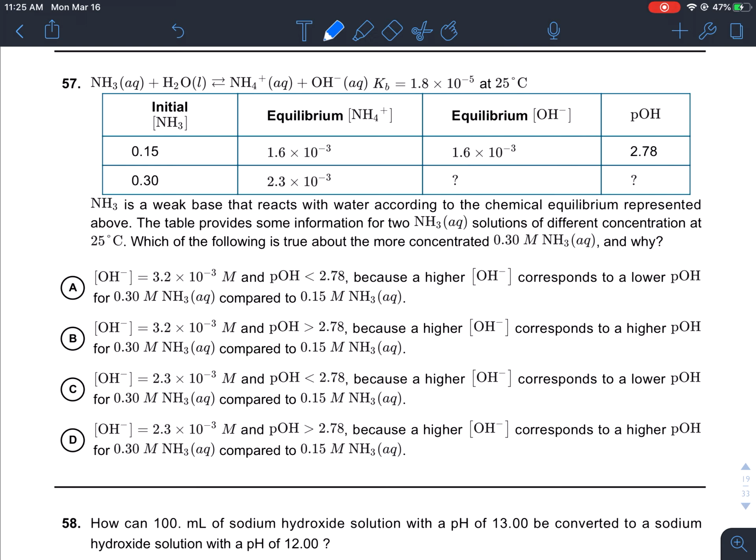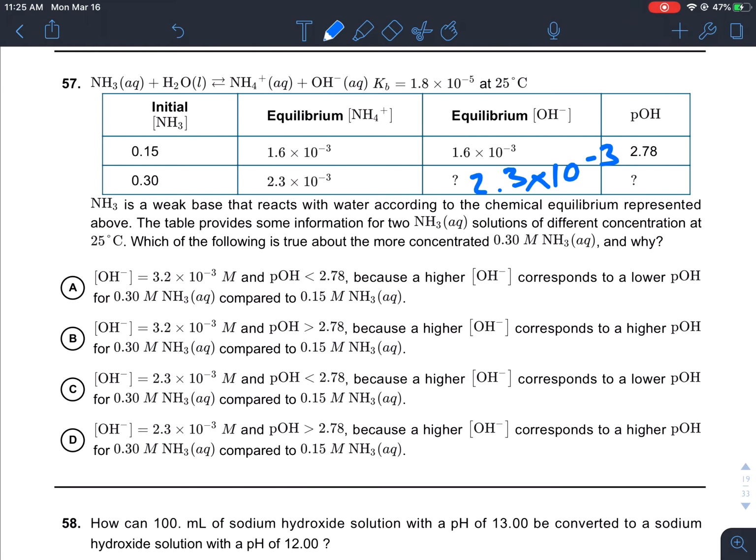57. All right, let's look at this. Your initial NH3, and you doubled it. When you doubled it, your equilibrium went there, so this would also be 2.3 times 10 to the negative 3. You're going to have more OH minus.